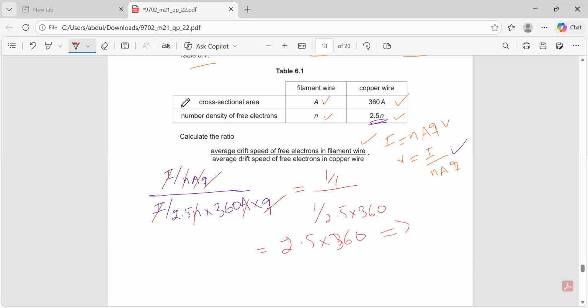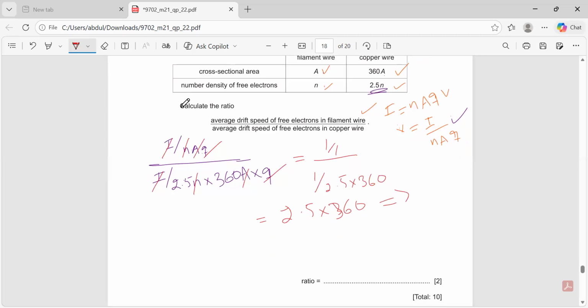So that was a simple question, by the way. So if we multiply them, dear friends, we are getting the answer 900. So 360 times, sorry, 2.5, the answer is 900.